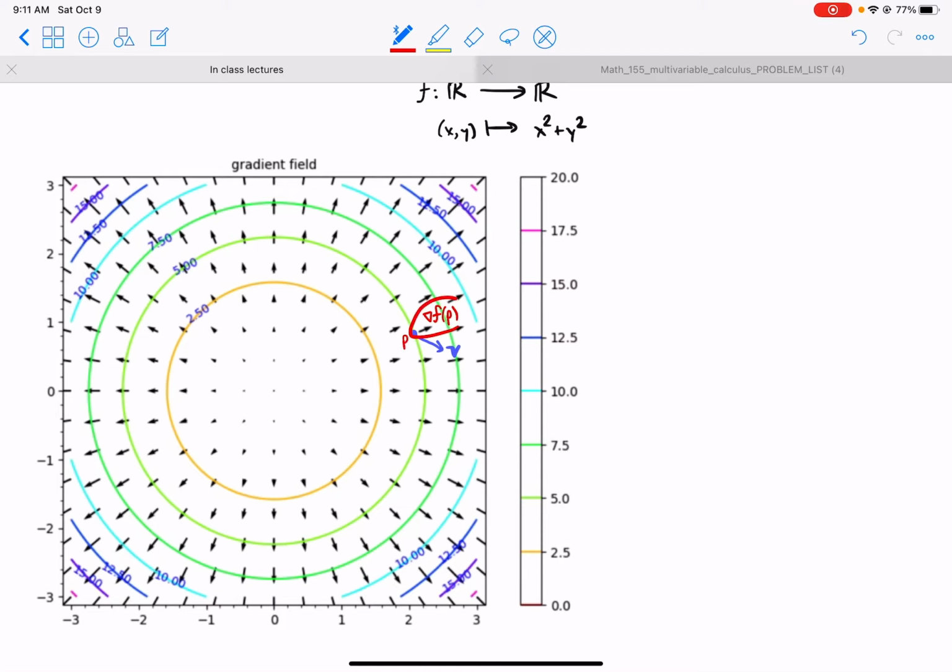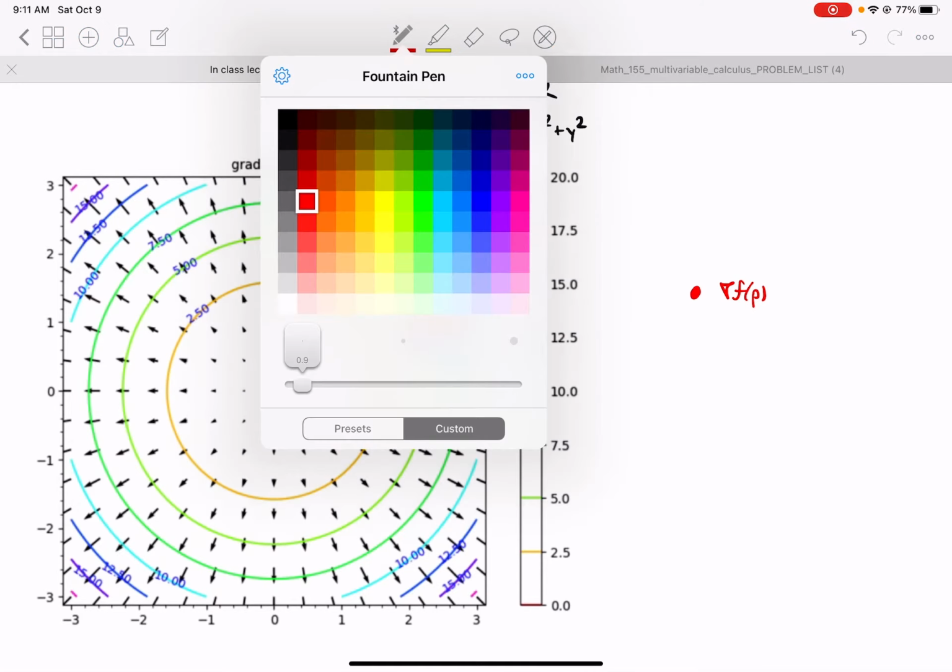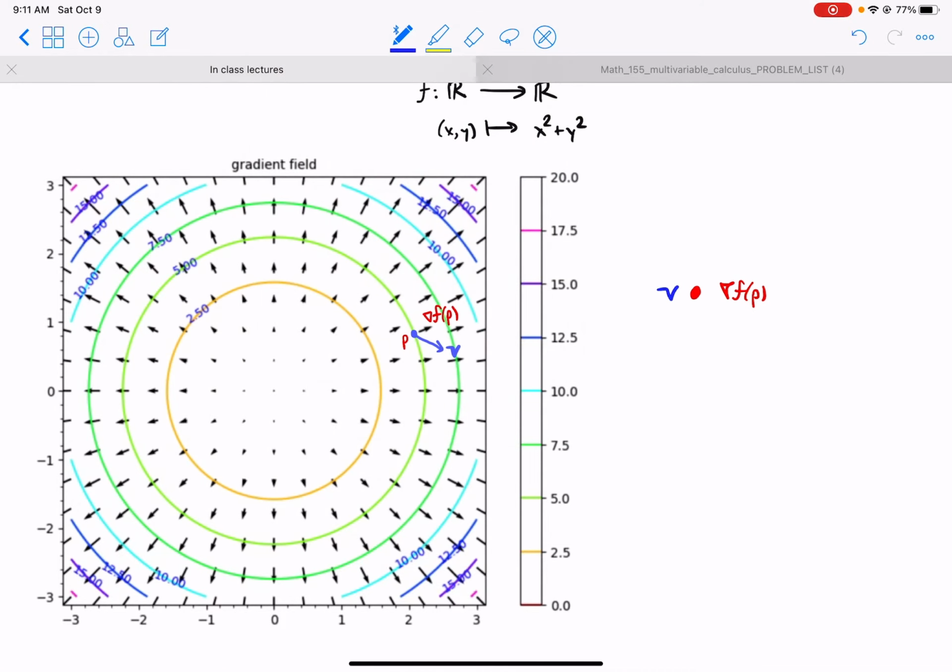So this is literally that vector. So now we can do a dot product between the gradient of f at P, which is that vector, and our movement v, which could be anything. Now, when will this be a positive number?